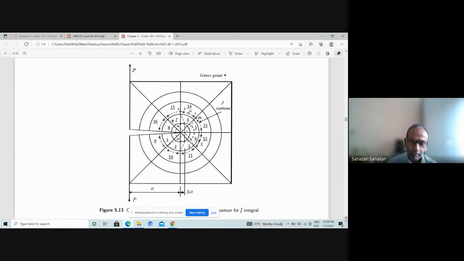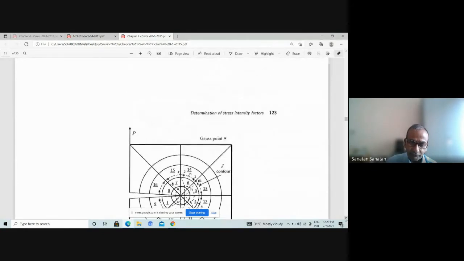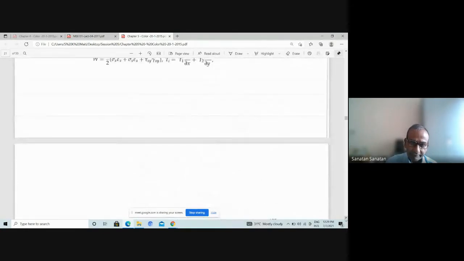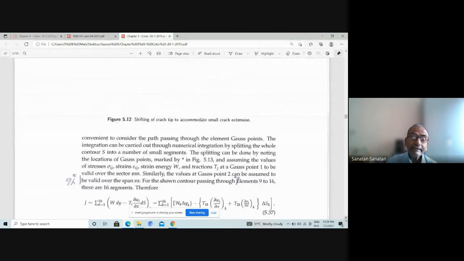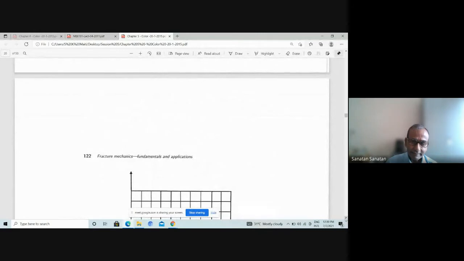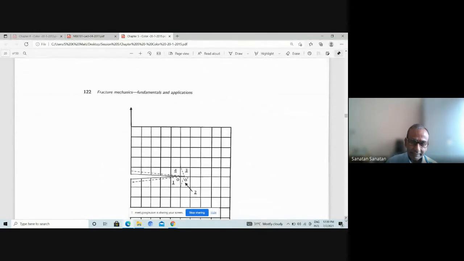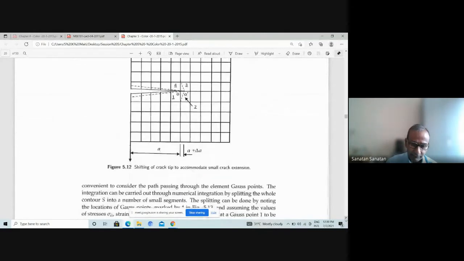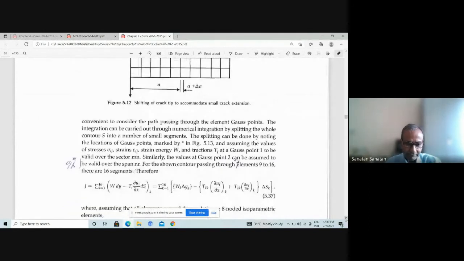Now we know for sure that the strain energy release rate for such a problem is given by J integral, and that J integral is the integral of W dy minus Ti delta ui by delta x ds. So that's the integral.